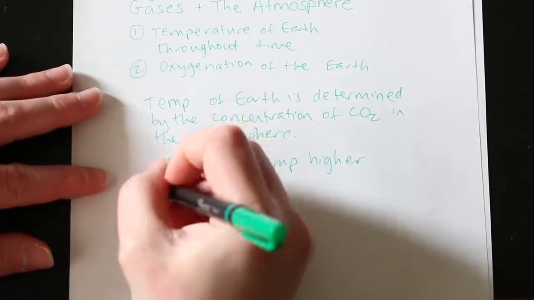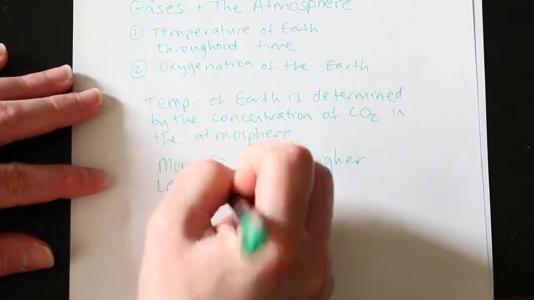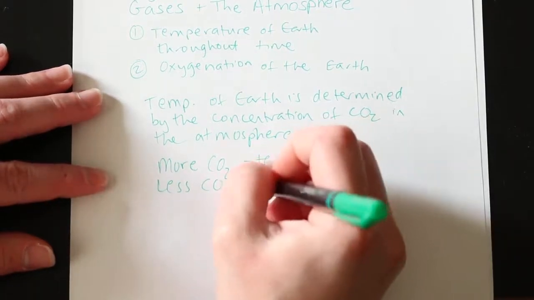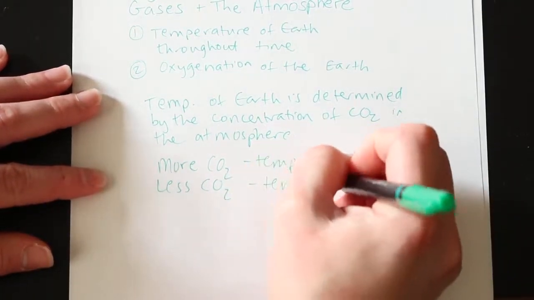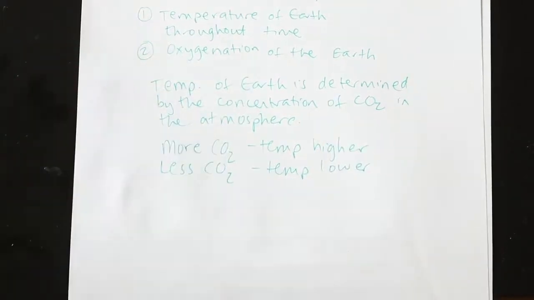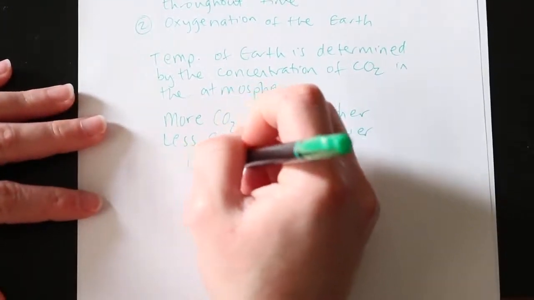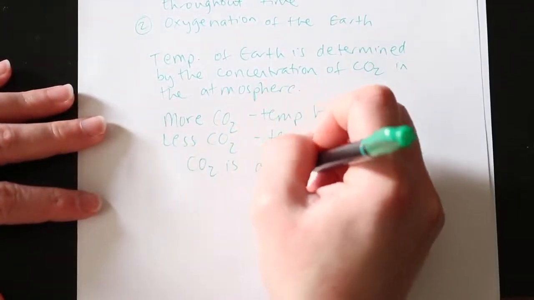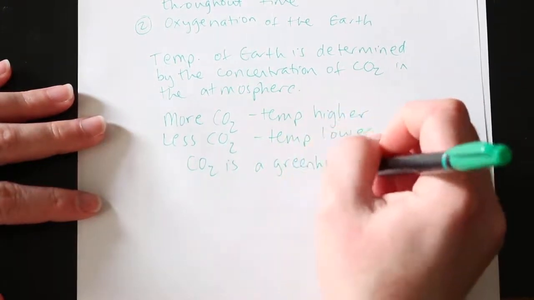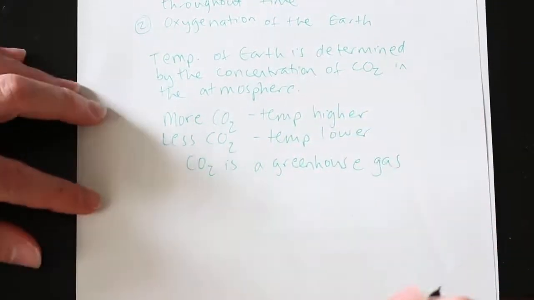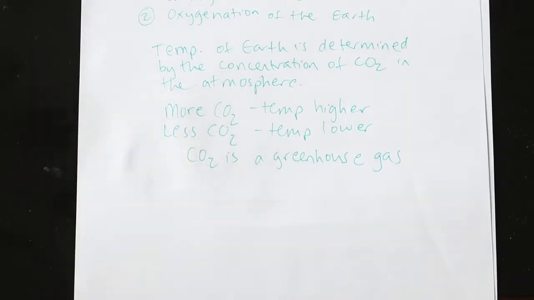And if the Earth had less carbon dioxide in the atmosphere at a certain point in time, the temperature was lower. And the reason for this is because CO2 is what we call a greenhouse gas. CO2 is a greenhouse gas because it absorbs infrared radiation and reflects it back down onto the Earth.